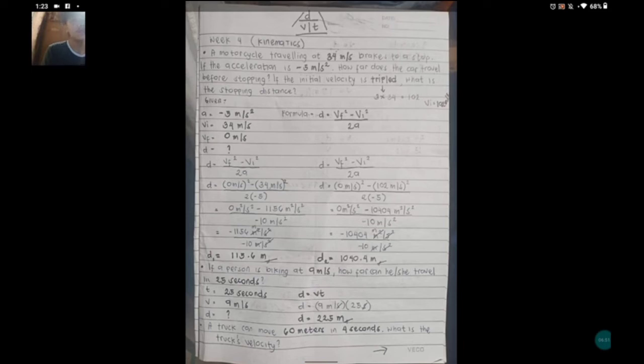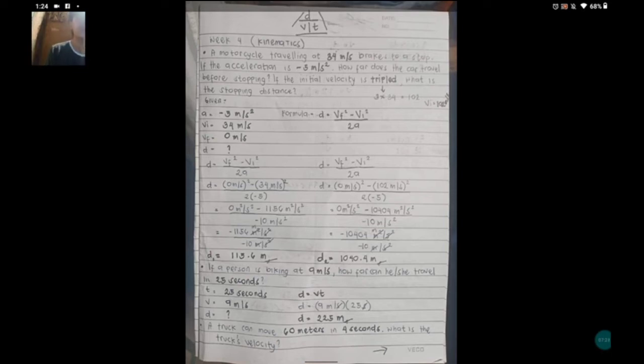So, next, distance equals to 9 meter per second times 25 seconds. Makakancel natin yung second kasi similar sila. So, may matitirang meters. Yung sagot dito is magiging distance equals to 225 meters.